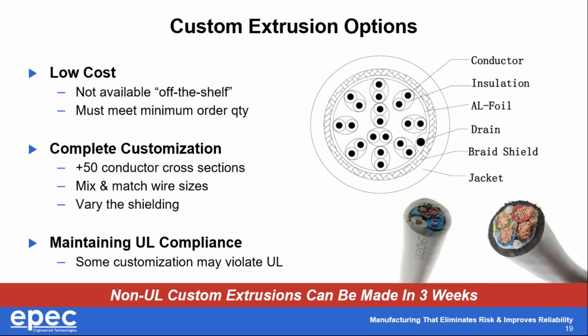But there is a finite number of pairs we can stuff within a certain cross-section. It's always recommended to work with your supplier or your manufacturer to review the ease of manufacture for any custom wire extrusion.